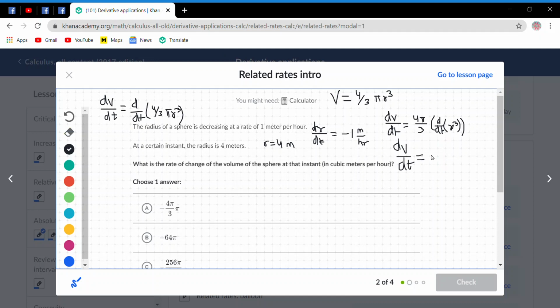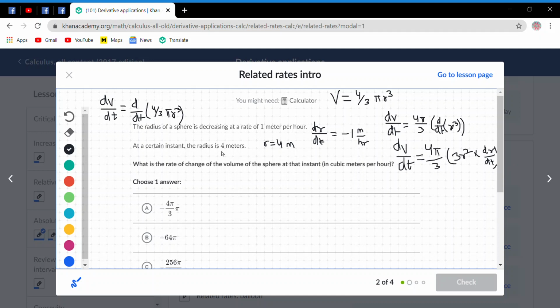This becomes 4 pi over 3 times the derivative of r cubed with respect to r, which is 3r squared, times the derivative of r with respect to t, which is dr over dt. Close the brackets. So this is our derivative.